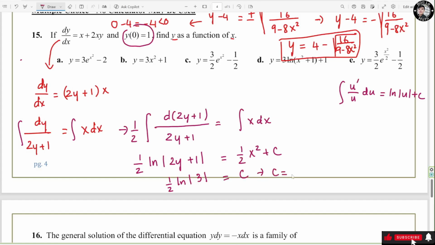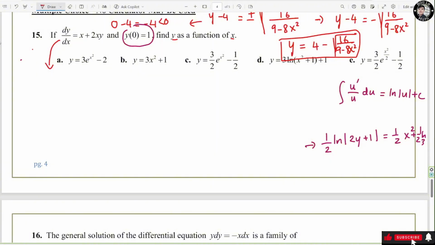So c equals 1 half ln 3. So I substitute back over here. So finally I have 1 over 2 ln absolute value of 2y plus 1 equals 1 half s squared plus 1 half ln 3, right?